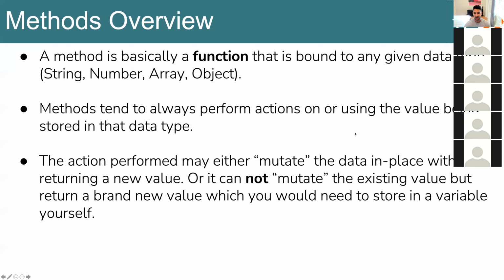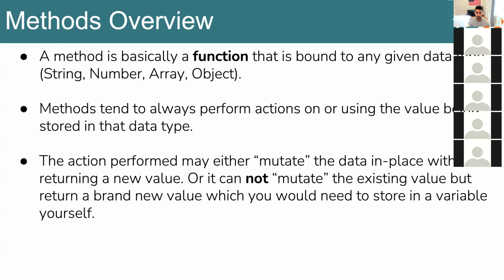Methods tend to perform actions on, or are using, the value being stored in that data type. The action performed may either mutate the data in place, which means to change without returning a new value, or it can not mutate the existing value and return what the value would be if it were to be mutated, the brand new value, which you could manually assign to the variable itself using the equal assignment. We've talked about mutation yesterday, and we gave examples of mutating and non-mutating methods.